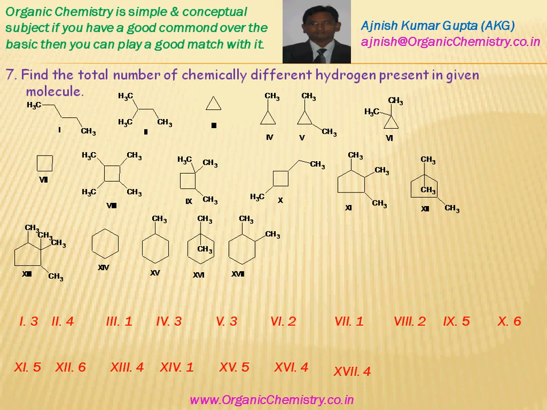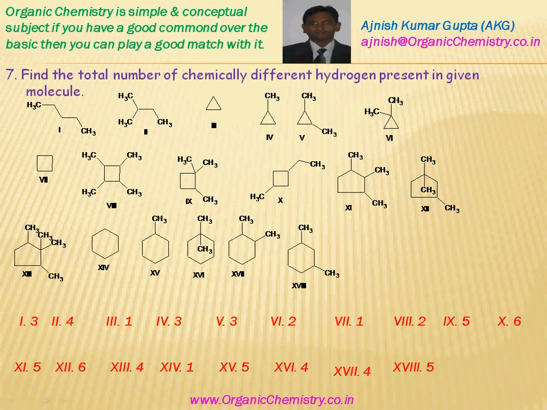Again, this position are chemically same, 1, 2, 3 and 4. For this molecule, answer is 5. Look for the difference of this carbon and this carbon. Hydrogen present over this carbon.